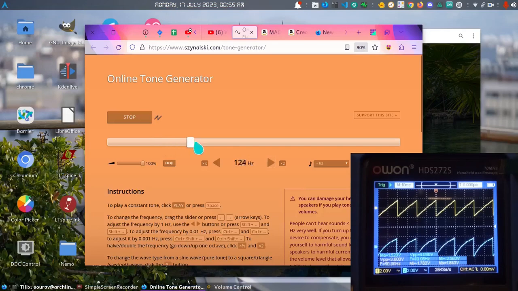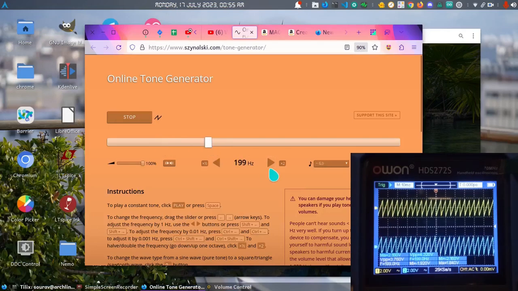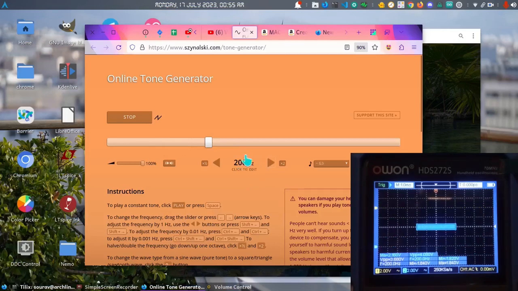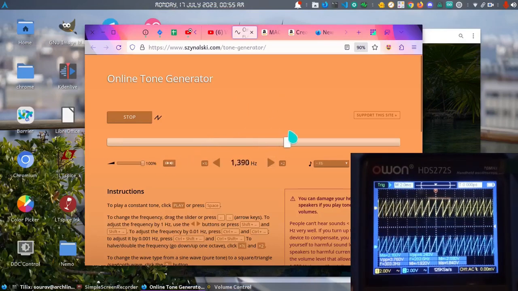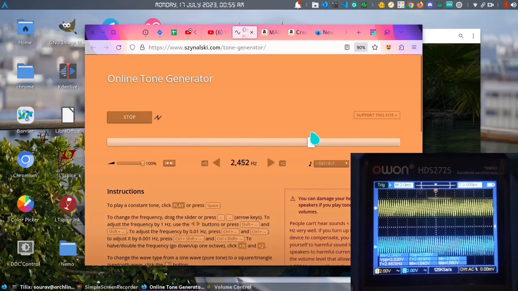Now let's ramp it up to something like 200 Hertz. At 200 Hertz, you can see that both our Soundblaster and Maono look the same, and they are generating similar output.